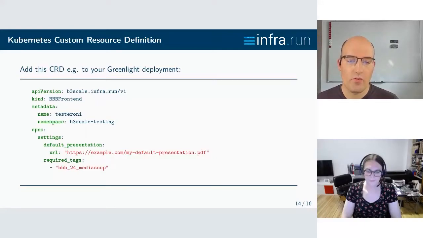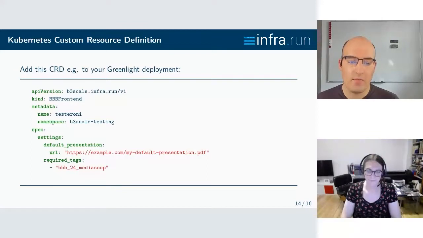So this would, for instance, set up a BBB front end, which is basically a front end for your BBB cluster, in the b3scale testing namespace, and it's setting a default presentation. So my default presentation PDF would become the default presentation for that tenant.